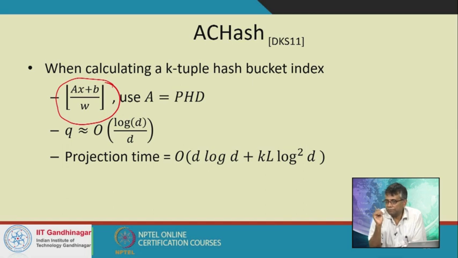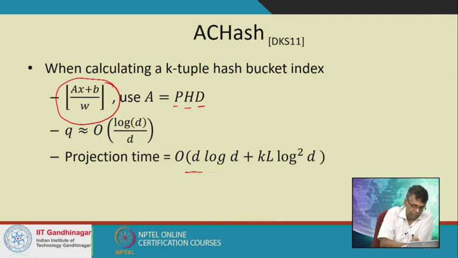Simply replace A by the fast Johnson-Lindenstrauss matrix, composed of P, then the normalized Hadamard matrix, and the diagonal matrix D. Instead of the Gaussian matrix, just use P, and choose Q to be of more or less the same order as in the FJLT construction, basically like log d by d. It's slightly different, but basically the same.